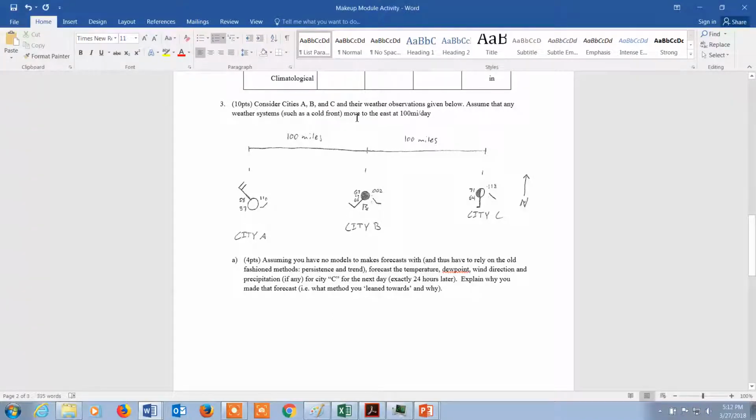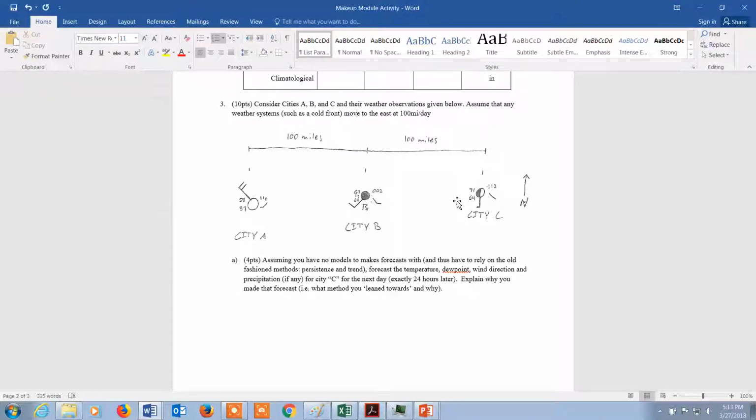Whatever the weather is at City A, that's going to be City B's weather tomorrow. And whatever City B's weather is today, that's going to be City C's weather tomorrow. This is a pretty crude approximation, but for the purpose of this class, it's good enough.